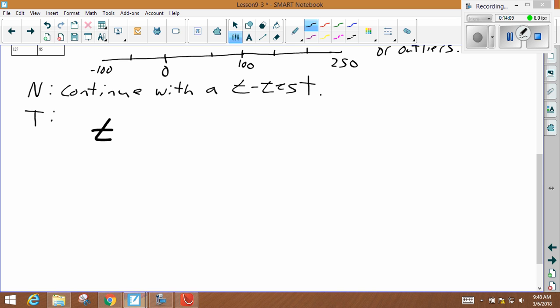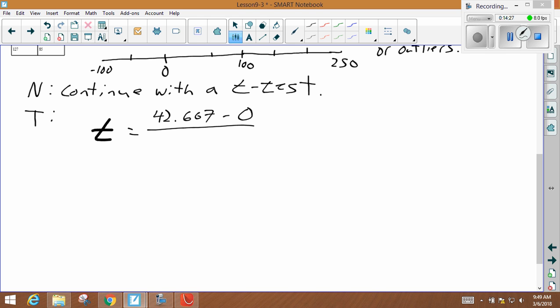T equals 42.667 minus 0. What is the standard deviation?